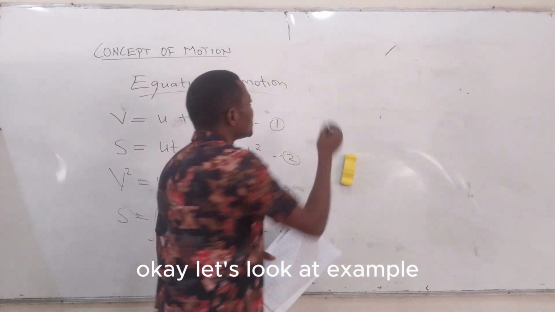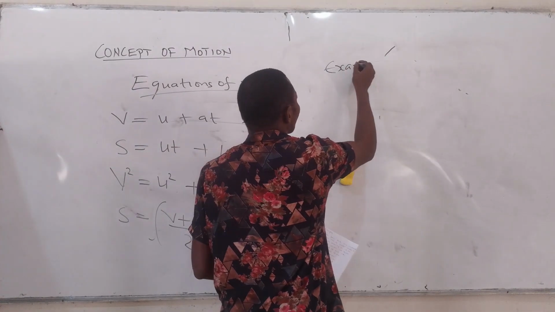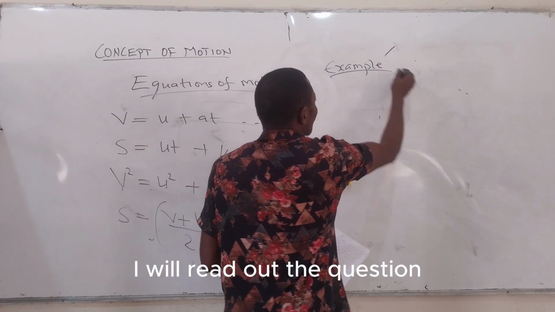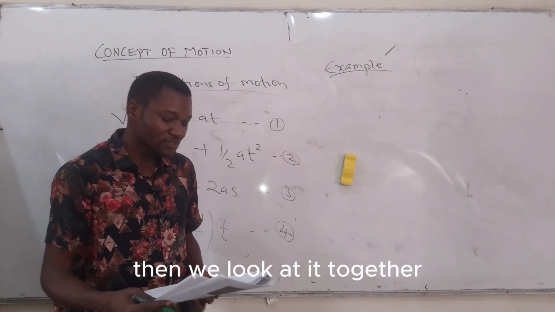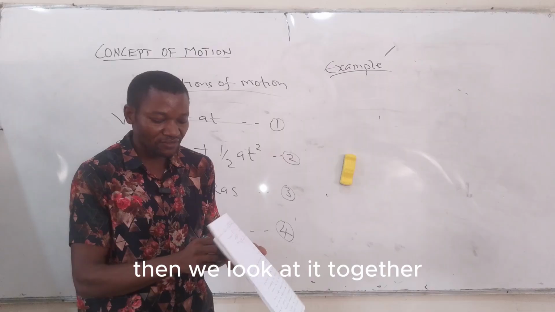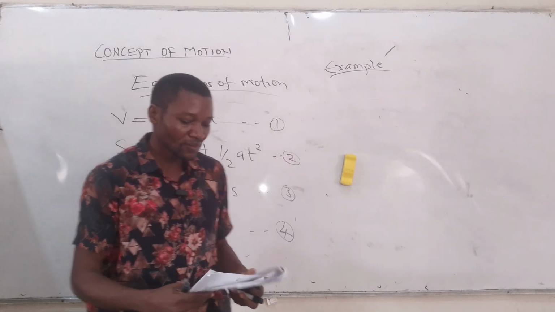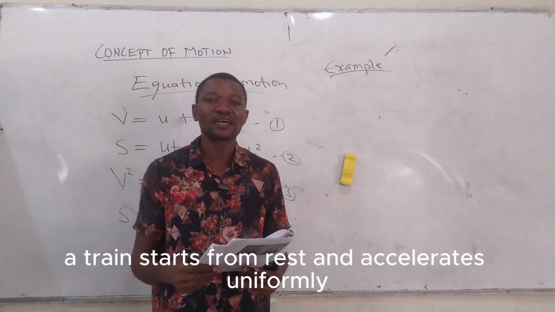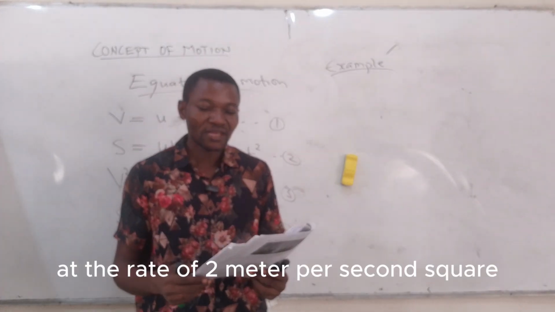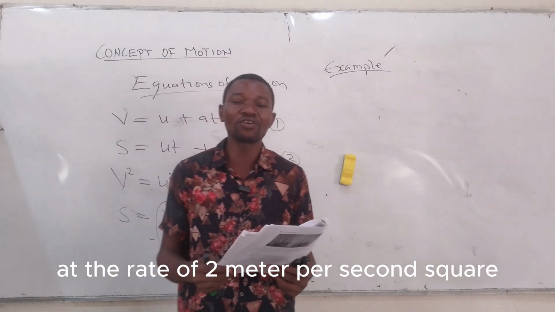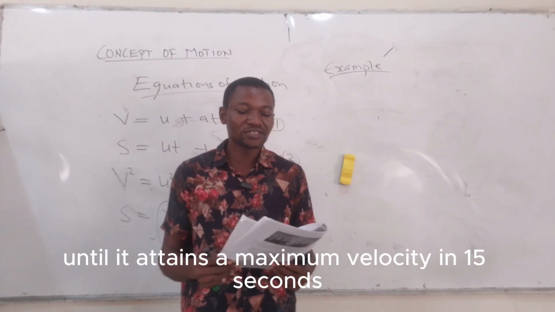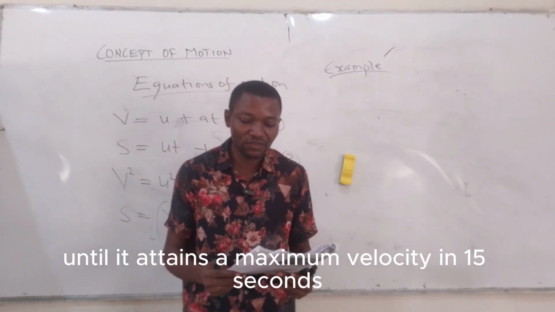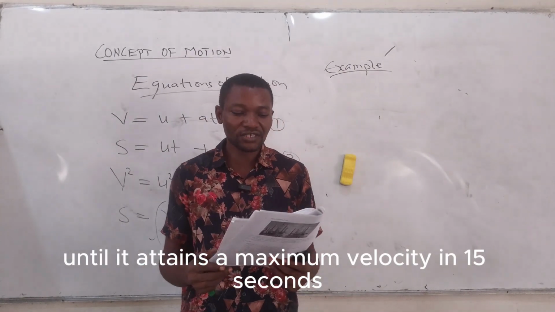Okay, let's look at an example. I will read out the question, then we'll look at it together. A train starts from rest and accelerates uniformly at the rate of 2 meters per second squared until it attains a maximum velocity in 15 seconds.